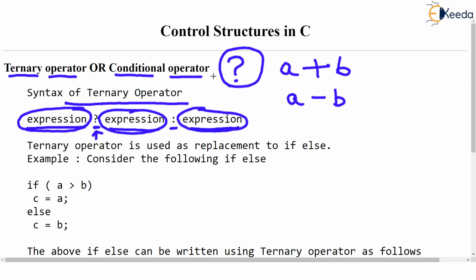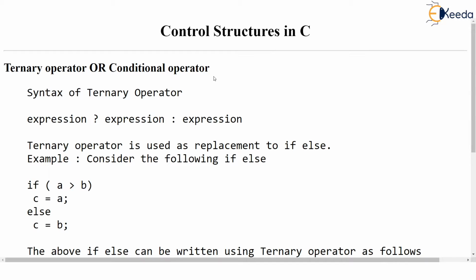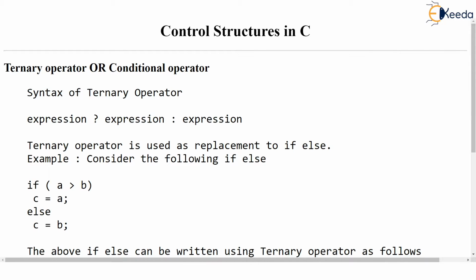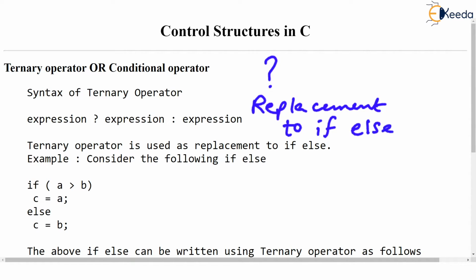But the next question comes, why is it called a conditional operator? Basically, this question mark operator can be used as a replacement to if else. So in case you don't want to use if else, you can use question mark.